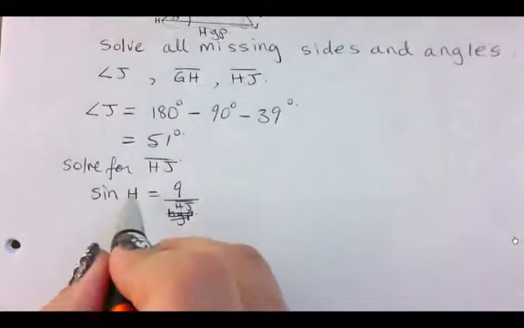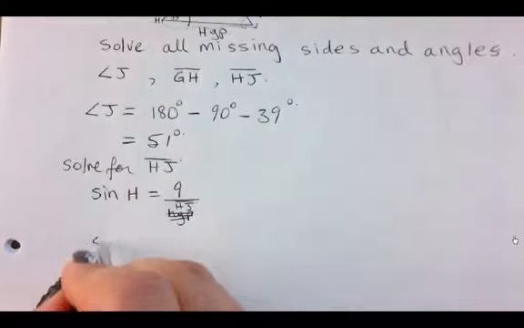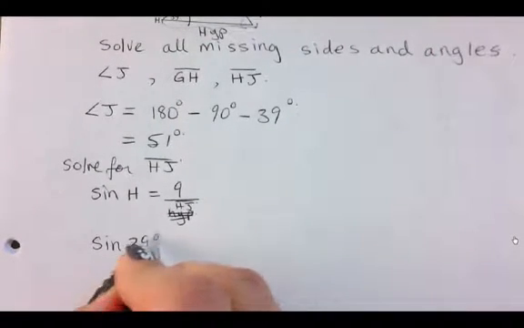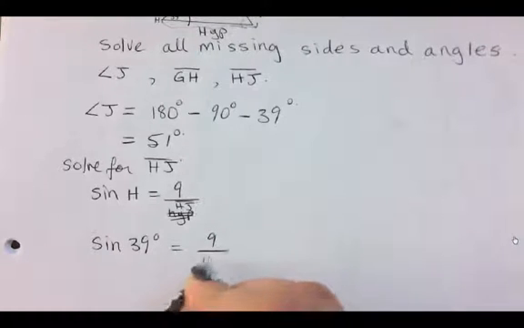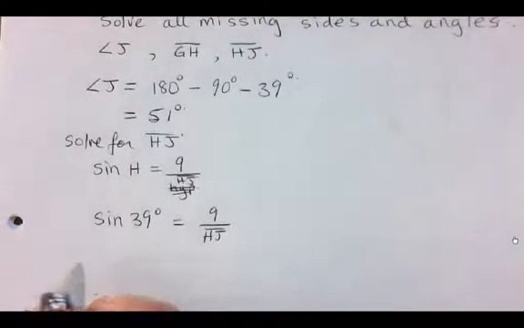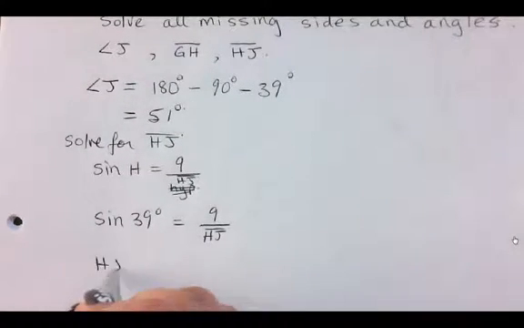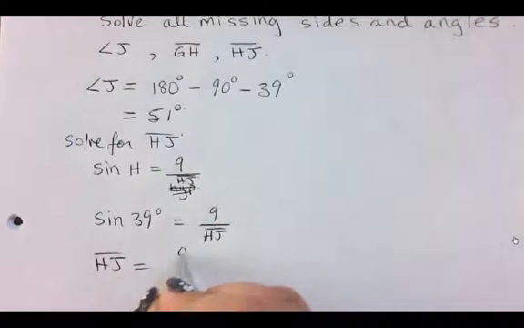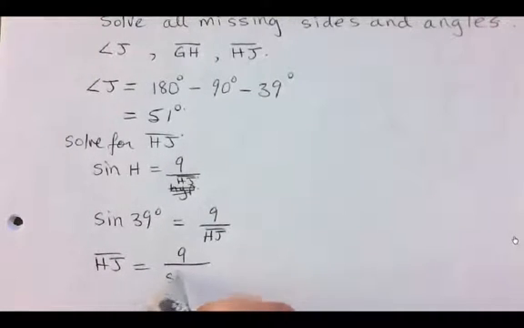Alright, now here in H I can put a number there, so let's go sine 39 degrees is equal to 9 over HJ. How do I solve for HJ? Multiply HJ on both sides, divide both sides by sine 39, and I end up getting this. HJ is equal to 9 over sine of 39 degrees.